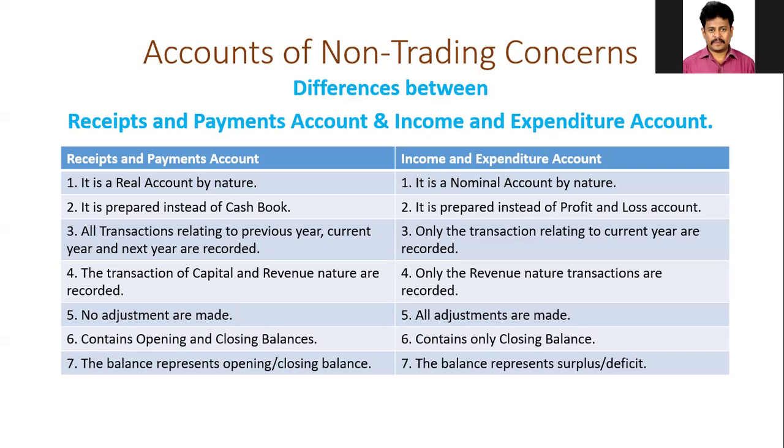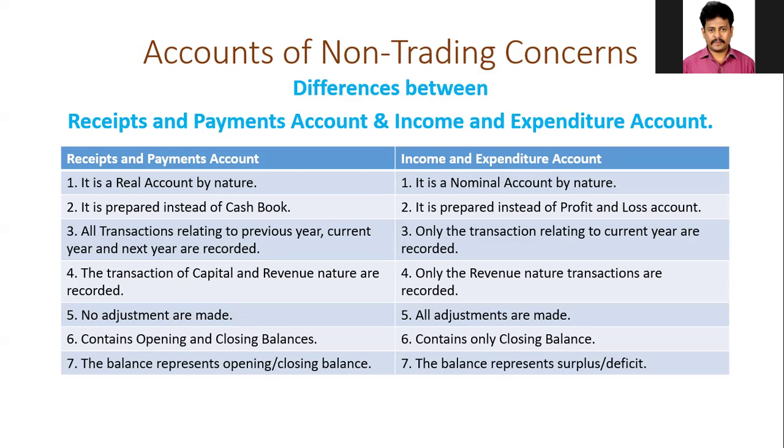Next, the fourth difference is based on nature of items or nature of transactions. The transactions are mainly of two types, capital and revenue. While preparing receipts and payments account, transactions of capital and revenue nature are recorded. Both capital as well as revenue transactions are recorded in receipts and payments account.